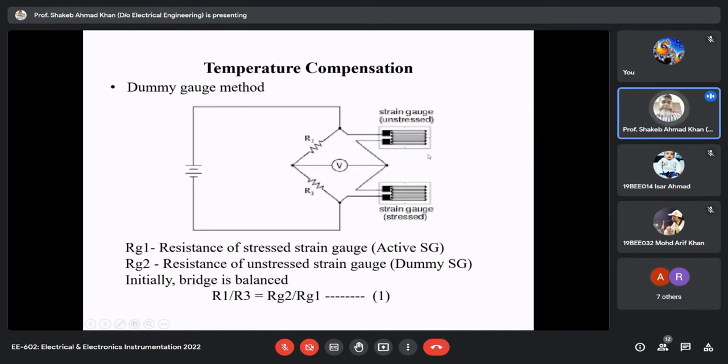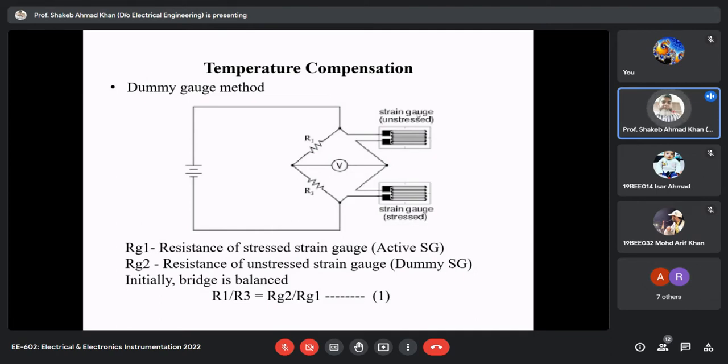So in this case you see, instead of one strain gauge, we are having two strain gauges. One strain gauge is the active strain gauge, like the earlier one. Another strain gauge is the dummy strain gauge. It is an identical strain gauge in all senses, but it is kept somewhere near this strain gauge, and it is not bonded to the structure whose strain we want to measure.